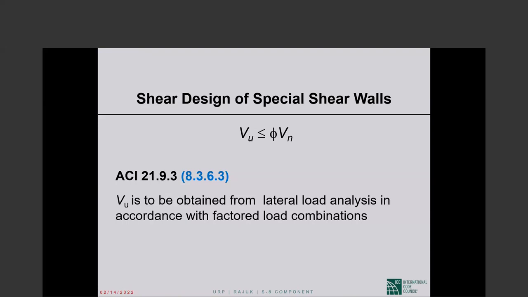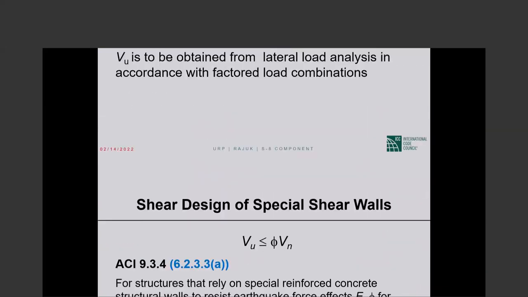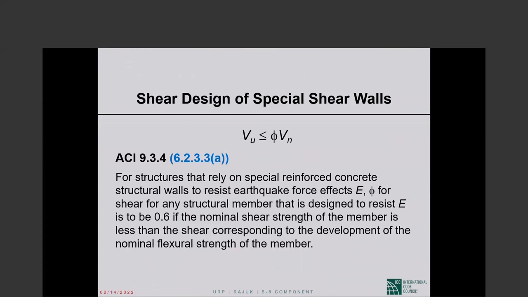The design shear, the required shear strength, comes directly from analysis of the structure under code prescribed seismic forces. Knowing that this is not the conservative thing to do, we play with the phi factor.